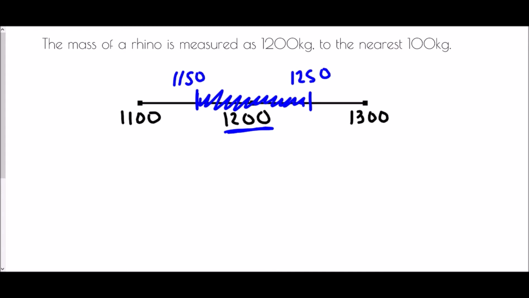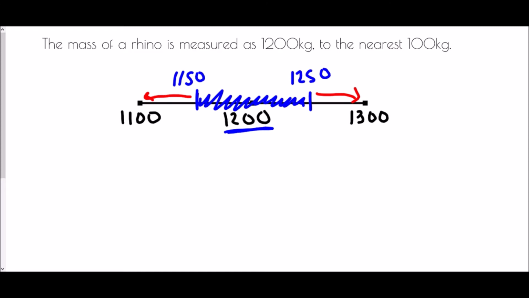Anything below 1150 would round to 1100, and anything above 1250 would round to 1300. So this is the key area between 1150 and 1250.